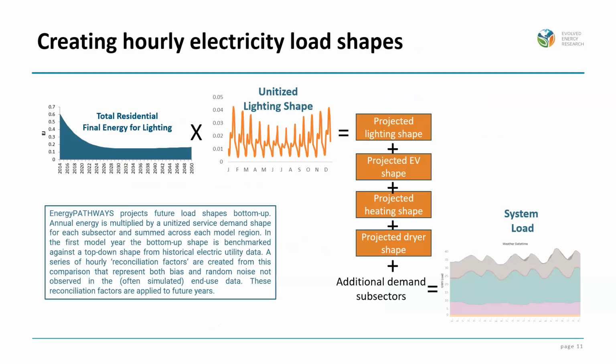If we do this for all the subsectors, we sum them up, we basically get a bottom-up estimate of load in a future year. These unitized shapes are oftentimes tied to a historical weather year. So in just a moment, I'll show a couple example outcomes of this, but the historical weather year is an important dimension that we look at.